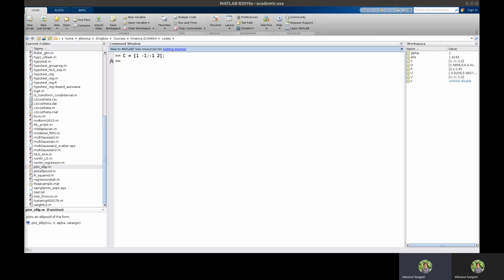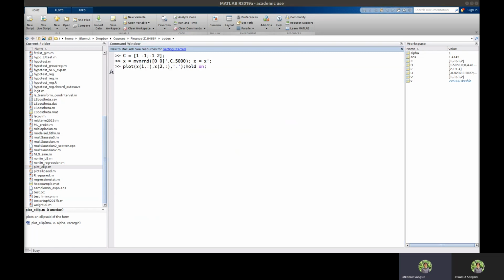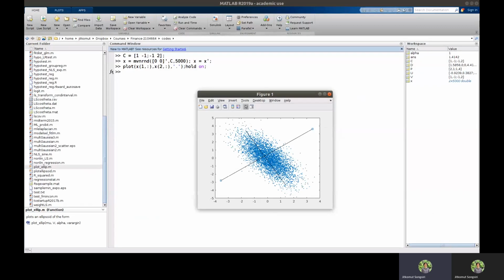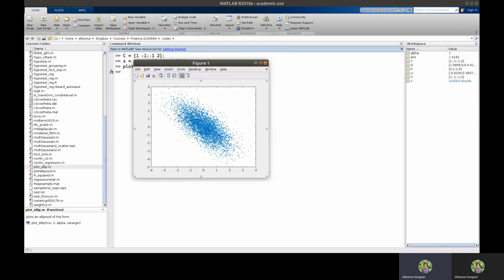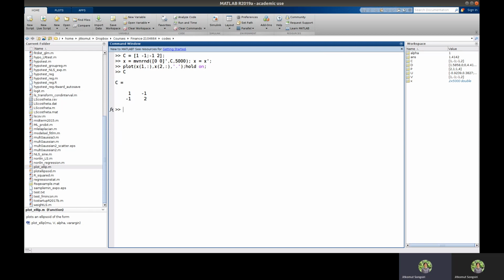In this code, I generate X, which is Gaussian, parameterized by the covariance matrix C. If I make a scatter plot of X, it looks like this. Again, confirm with the parameter.